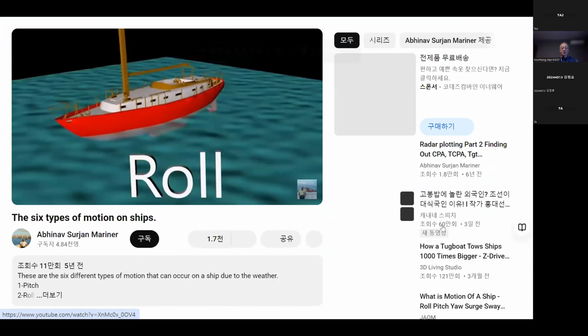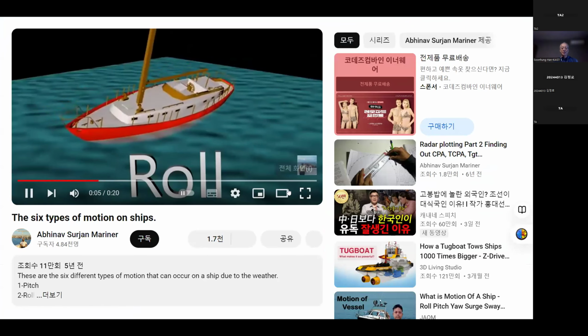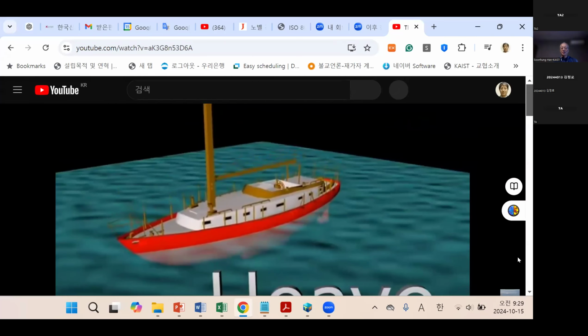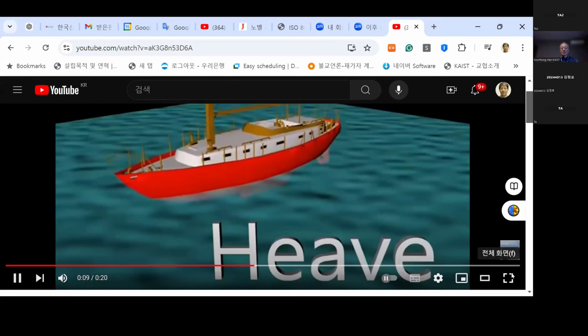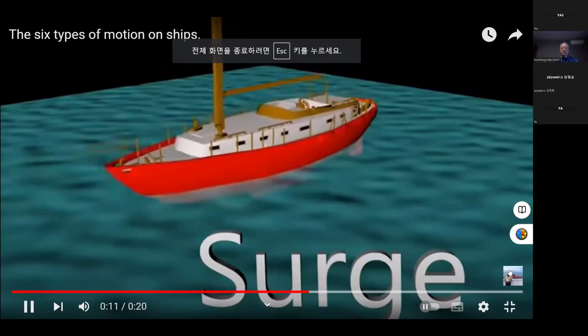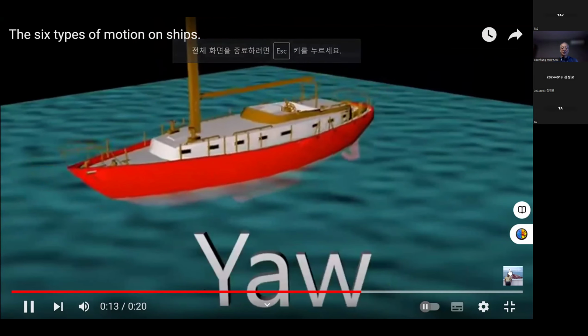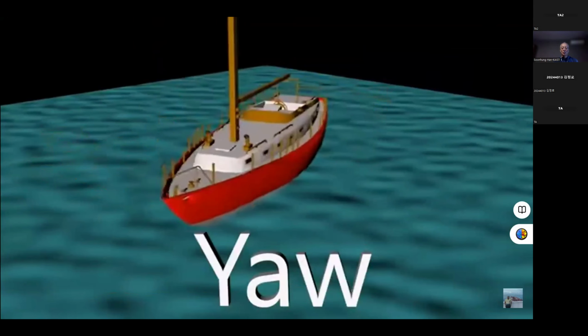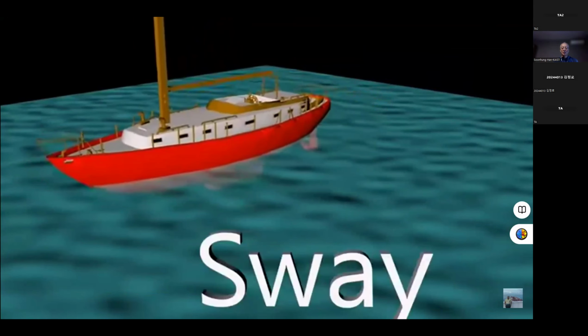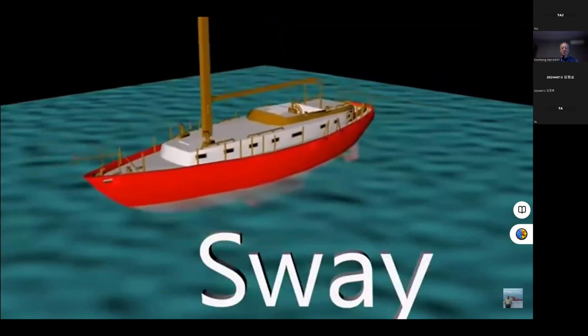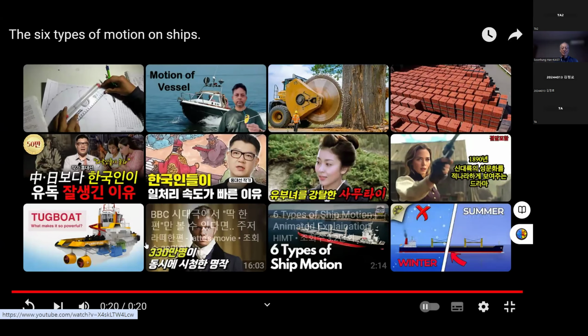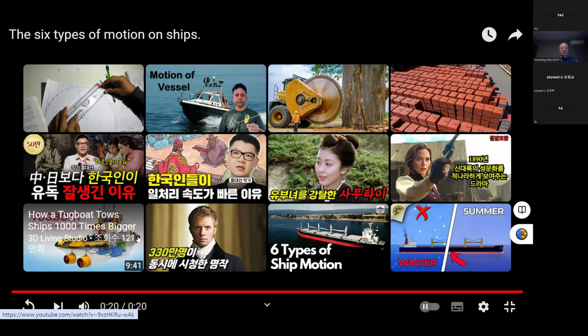This is pitch. This is heave and surge and yaw and sway. So 3 translational and then 3 rotational, right?